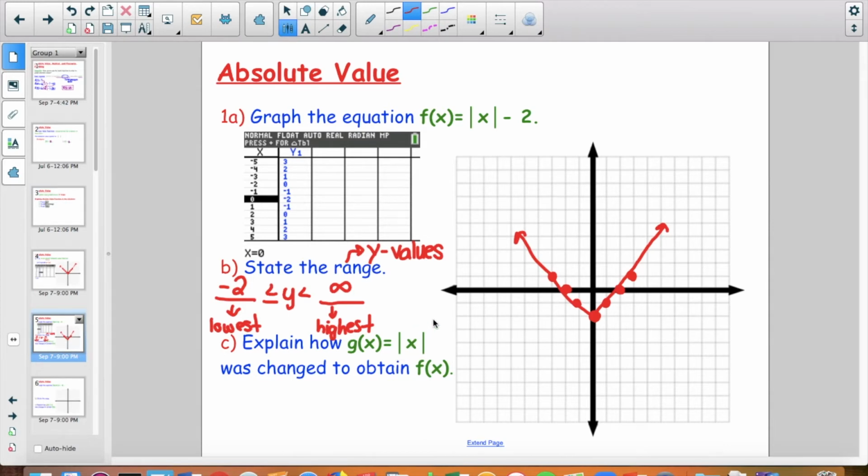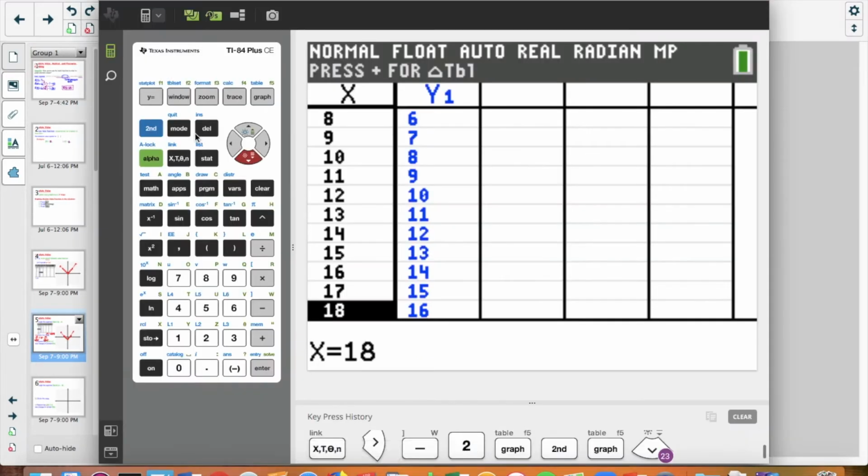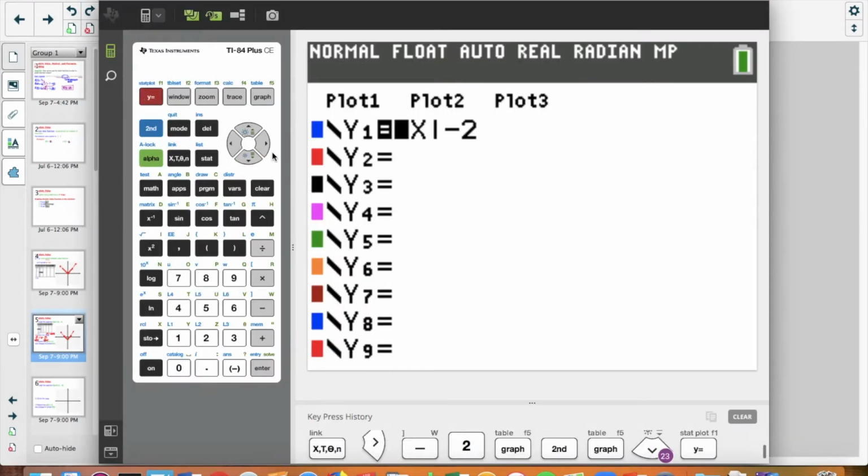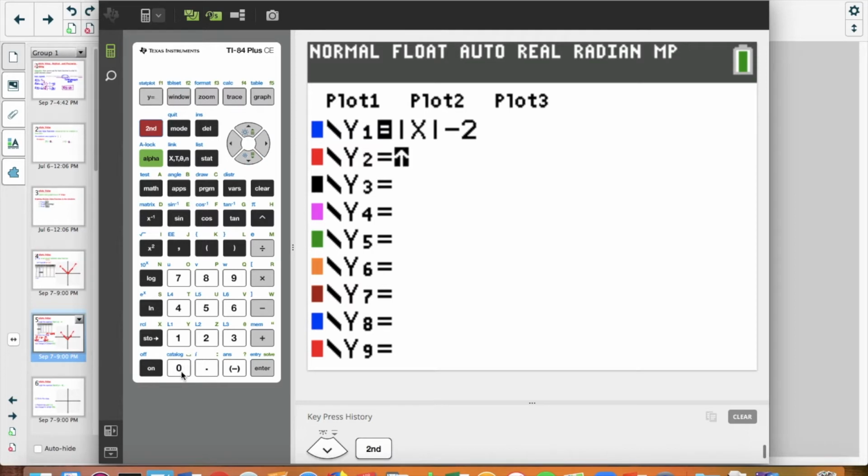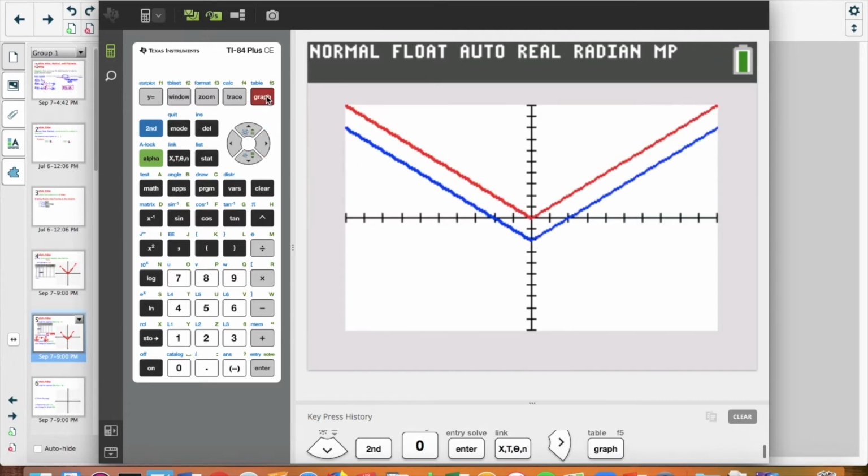Part C says explain how g of x, which is the absolute value of x, was changed to obtain f of x, which was the problem that we just had, the absolute value of x minus 2. So what I'm going to do is I'm going to go to the calculator, I'm going to go to y equals, and I'm going to type in both of them. So here was our f of x, but in y2, I'm going to type in regular the absolute value of x.